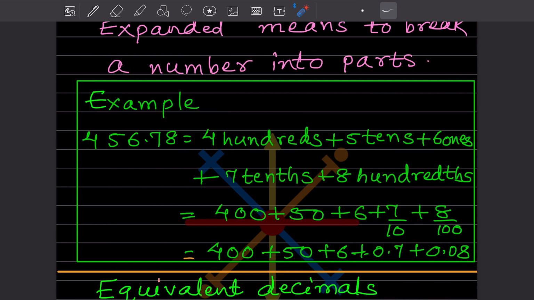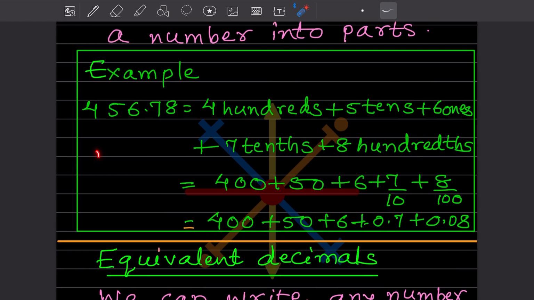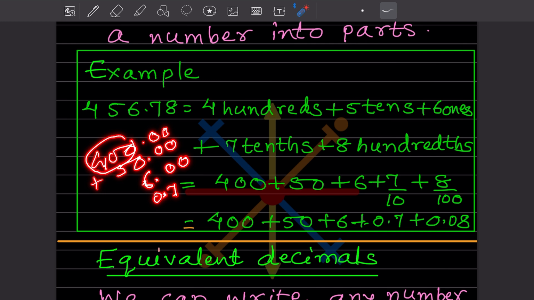Now when you want to add these, what are you going to do? 400 plus 50 plus 6, and then 7 by 10, which means 7 divided by 10, will be 0.7. Whenever we write whole numbers there are zeros after the point, but usually we don't write them because it is a whole number. But 0.7 goes after the point. Then 8 divided by 100: as I told you, count the number of zeros and write the numerator as it is.